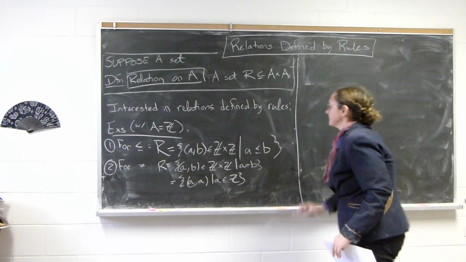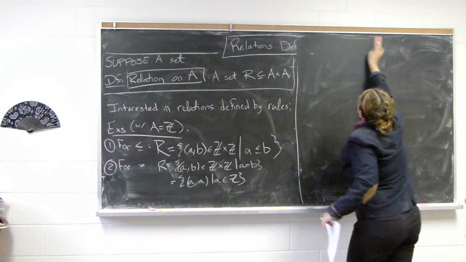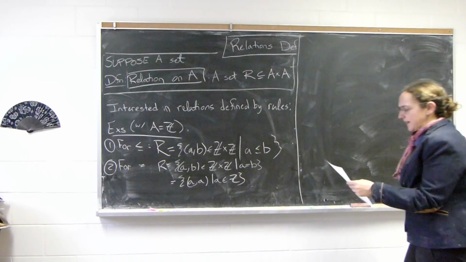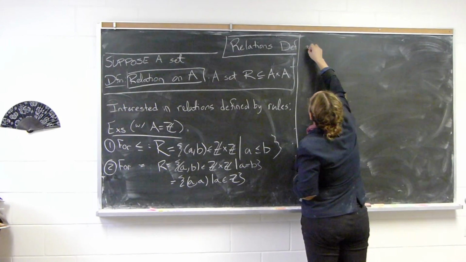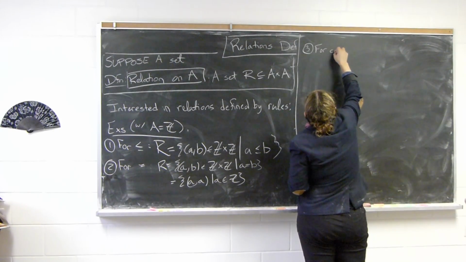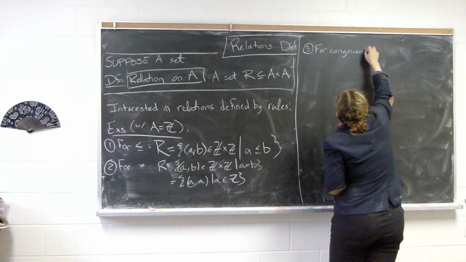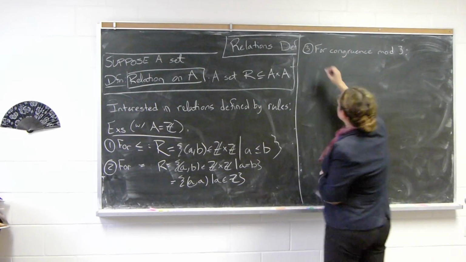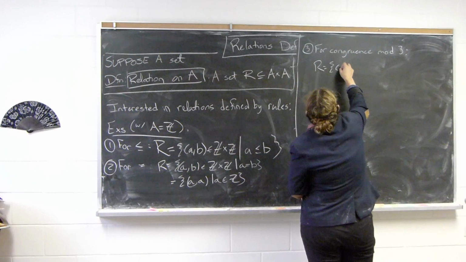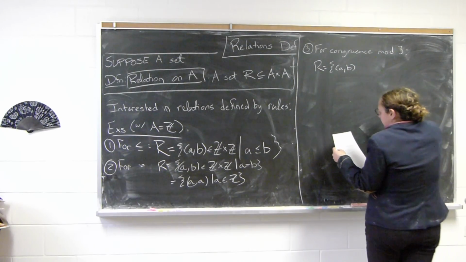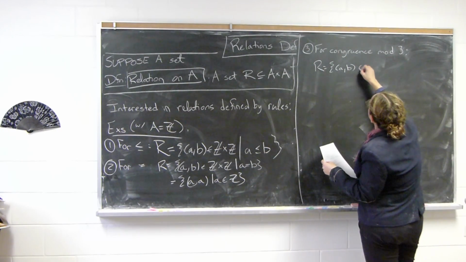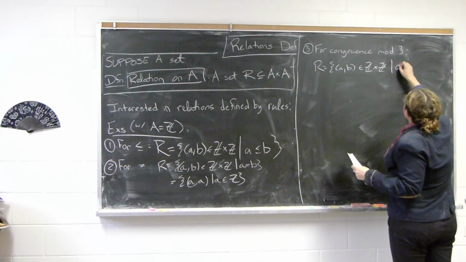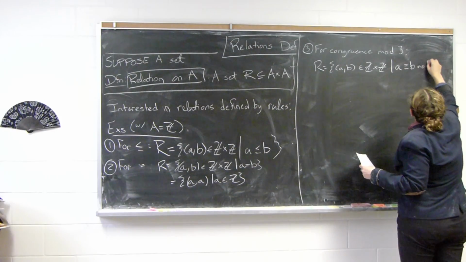And then for congruence mod 3, and it's okay if you don't know what this means yet, you could just treat the second thing I'm writing as a definition, we have that R equals the set of all (a, b) in the integers cross the integers, such that a is congruent to b mod 3.